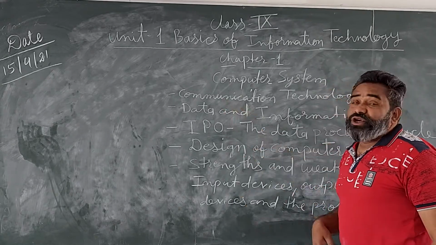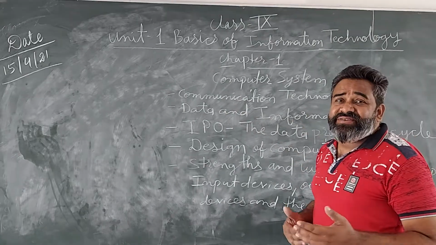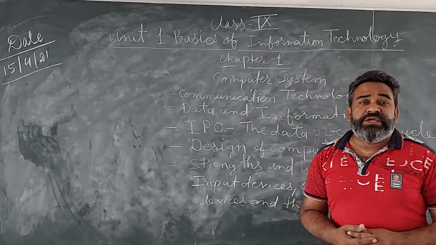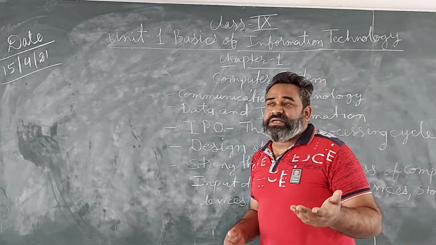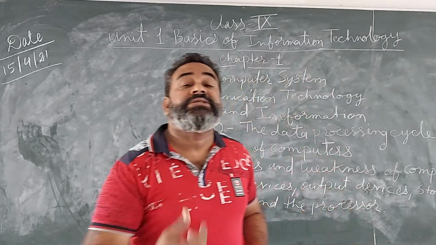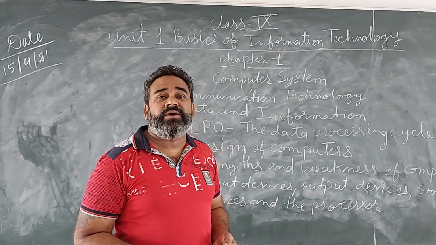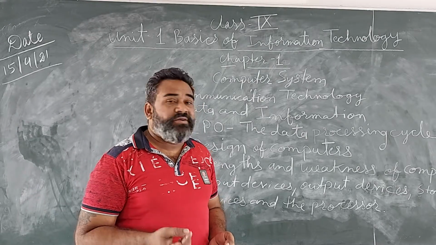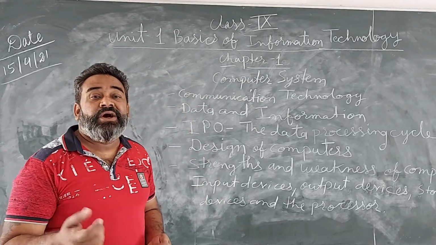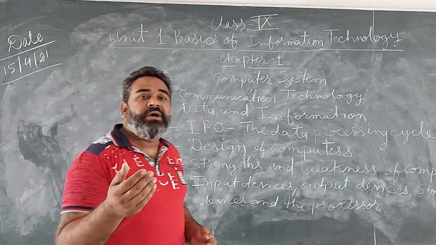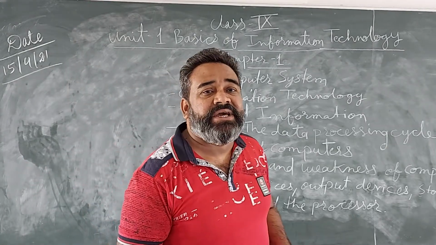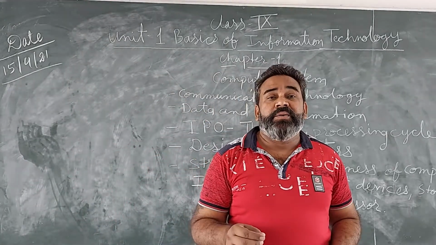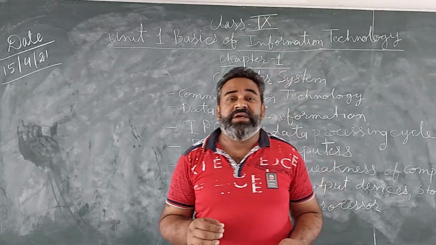First of all, communication technology. Communication means that we can interact with each other, with languages. A computer can also communicate with users in its own way. We learned in earlier classes that a computer understands the binary number system, zeros and ones.